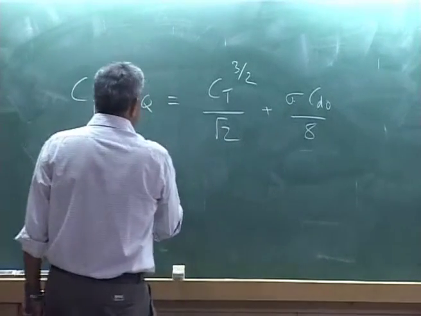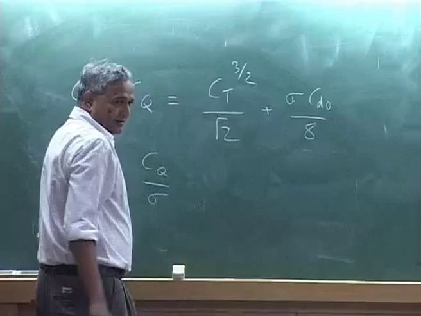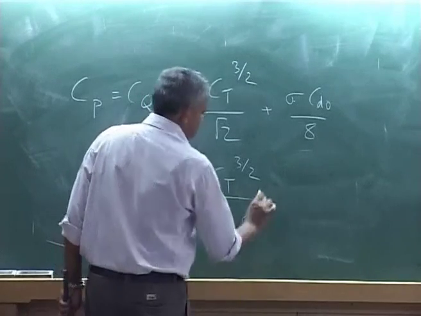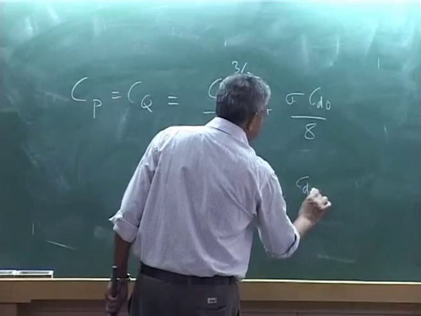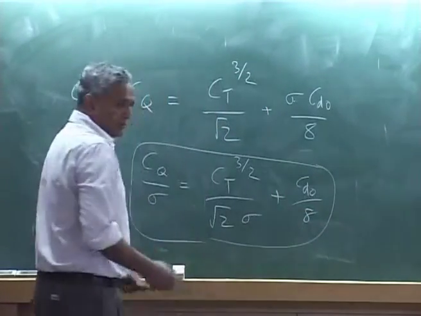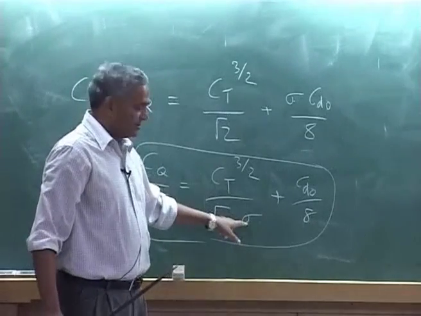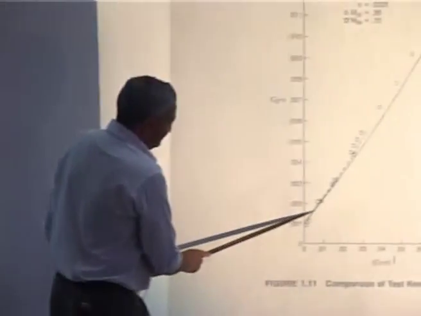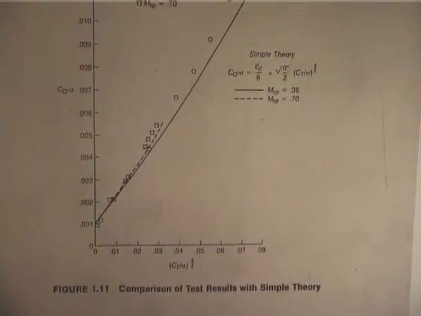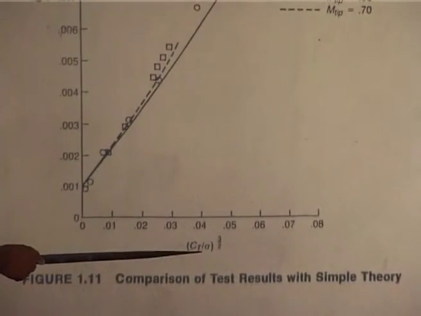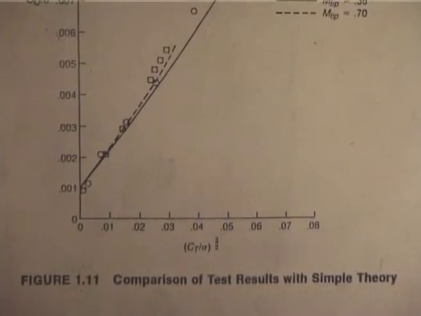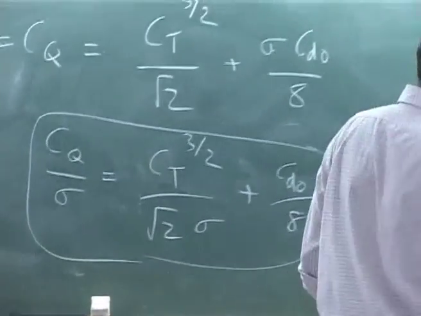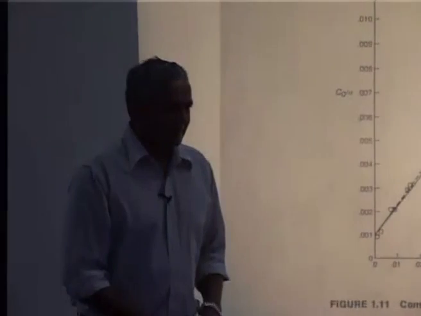If you divide by sigma, this will be, and CD naught over 8. If I plot CQ by sigma against CT power 3 by 2 by sigma, this is a straight line. CT by sigma power 3 by 2, this is 3 by 2. No, this is an error, that is all, it should be okay.